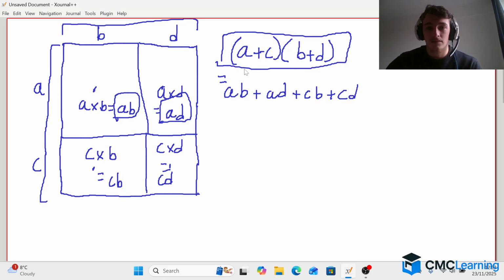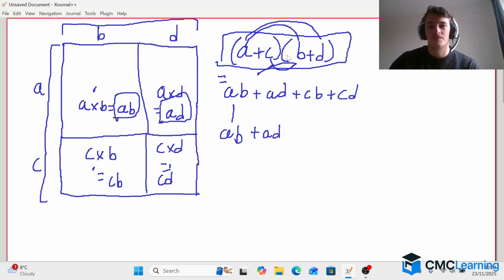And coincidentally, if we do A times B, we get AB. If we do A times D, we get AD. If we do C times B, we get CB. And if we do C times D, we get CD.